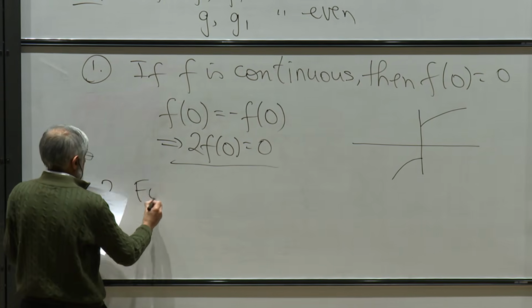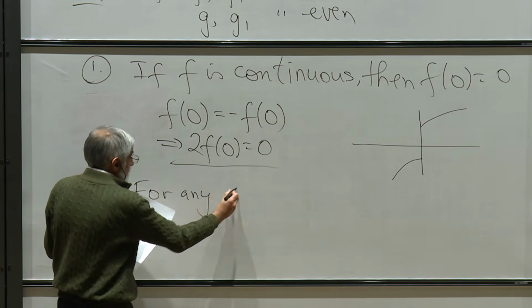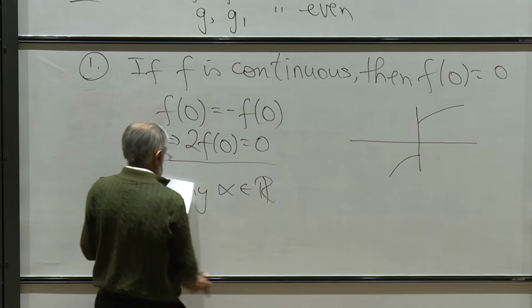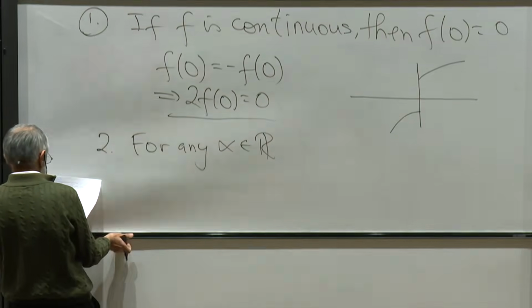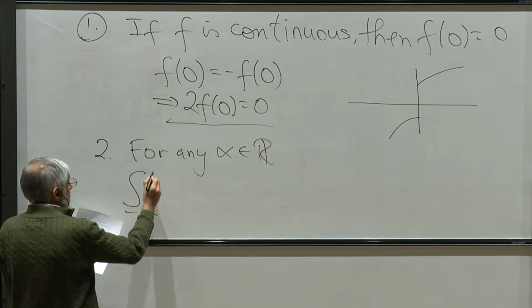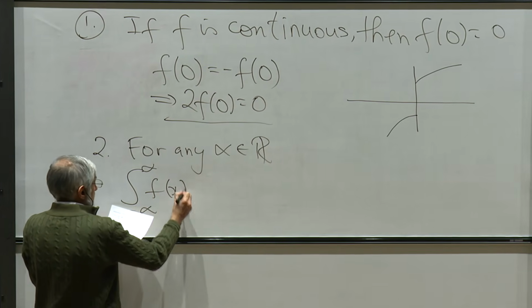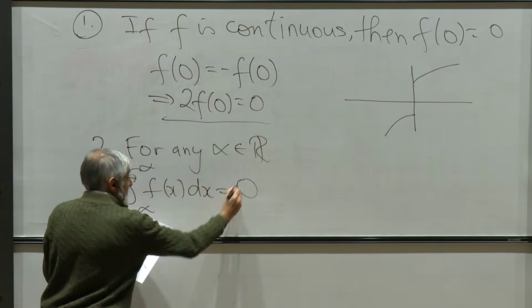Two, for any alpha an element of the reals, the integral from minus alpha to alpha of f of x dx equals 0.